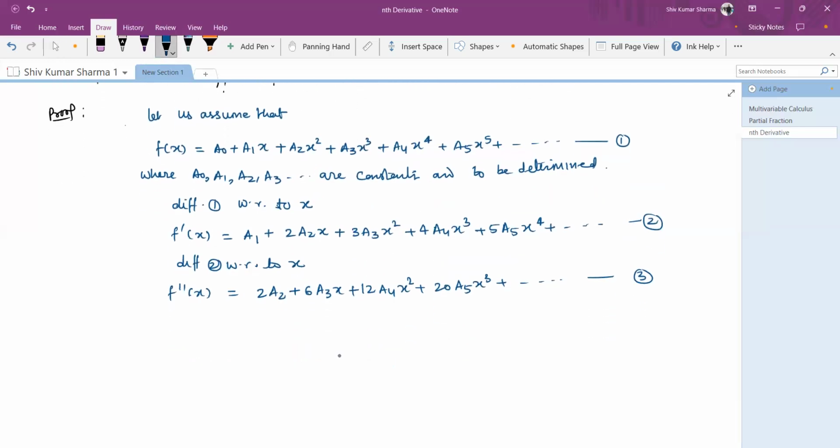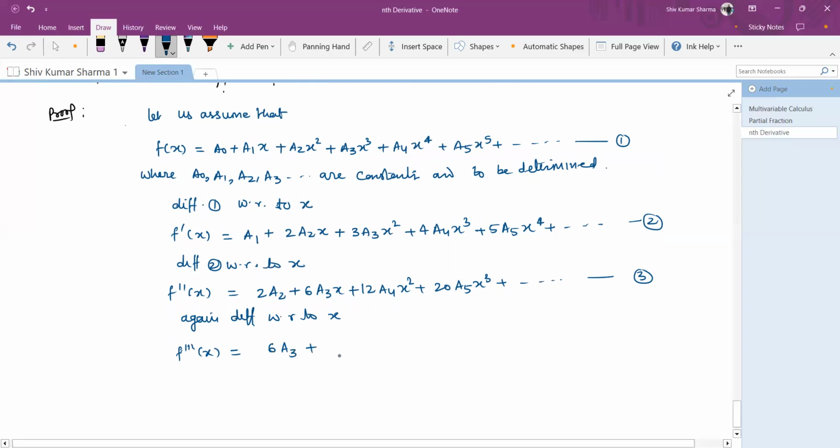Now we differentiate again with respect to x. So f'''(x) is equal to 6a3 plus 12 into 2 is 24, 24a4 into x plus 20 into 3 is 60, 60a5 x square plus and so on.